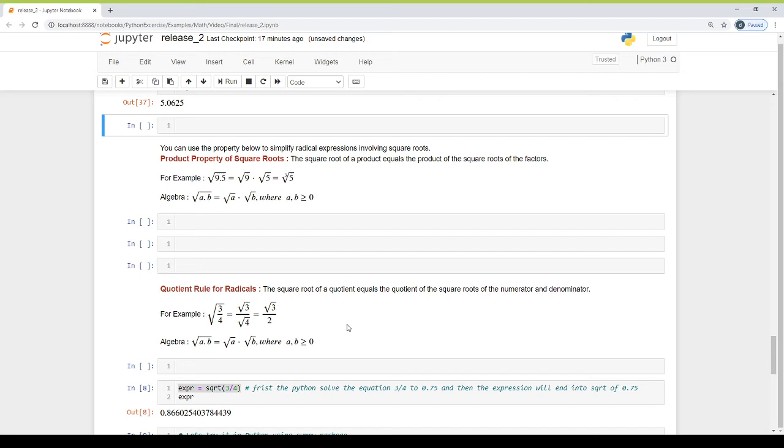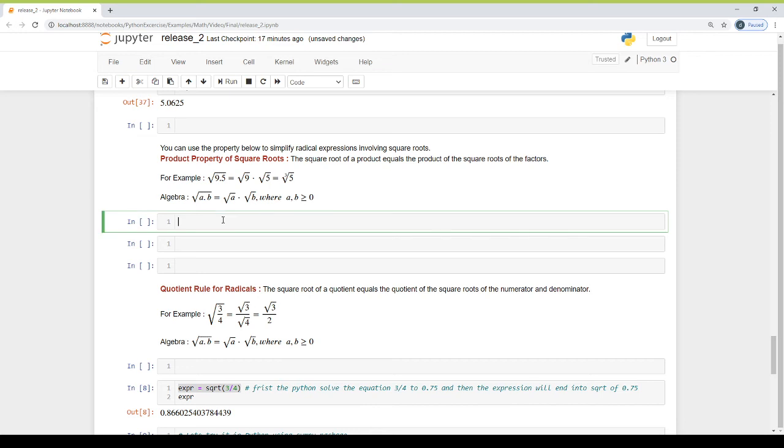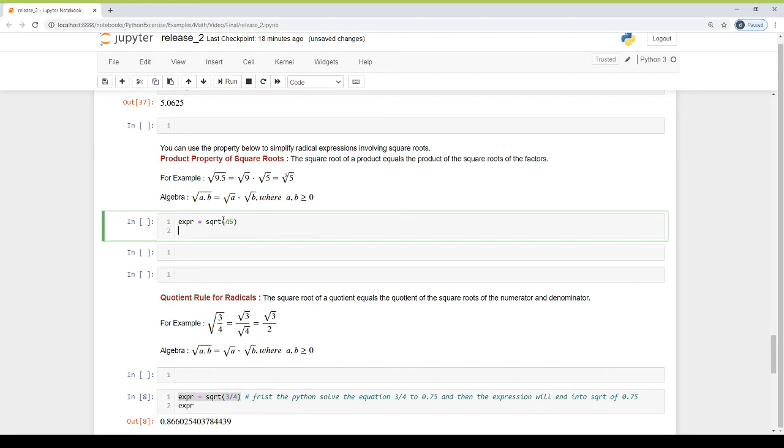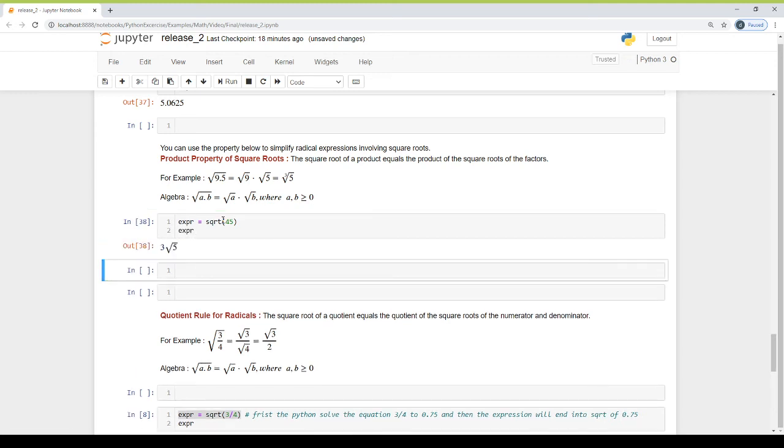So now let's see some properties of square roots. The square root of a product equals the product of the square roots of the factors. For example, we have an expression equal to sqrt of 45, shift enter, it is equivalent to 3 under root 5.